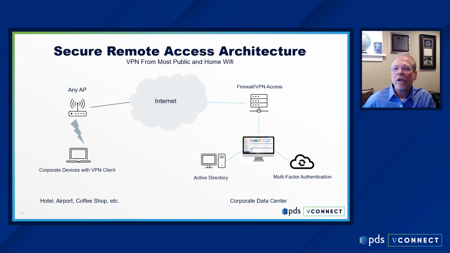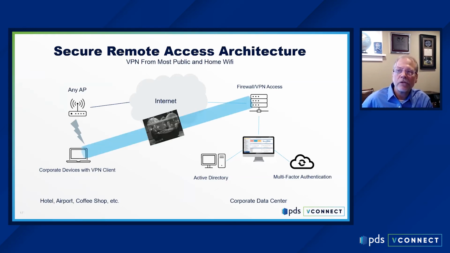Well, if we look at a traditional environment where we've got corporate devices that might just use a VPN client, this VPN client would make its traditional connection back to the firewall so that it has a secure connection, but there's another step of authentication that needs to occur through the ClearPass engine.